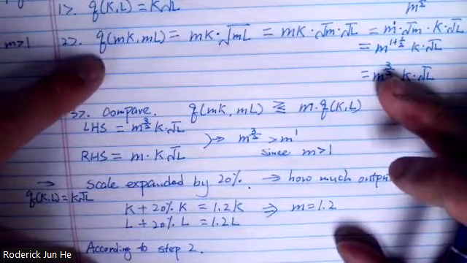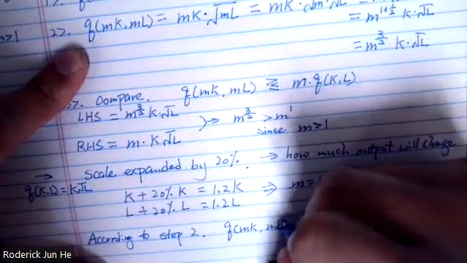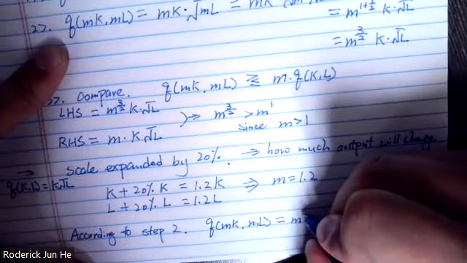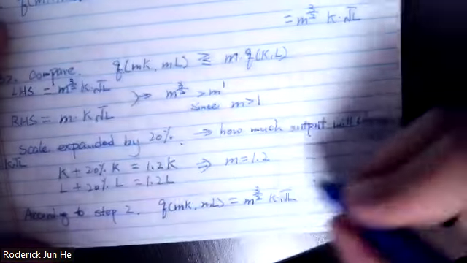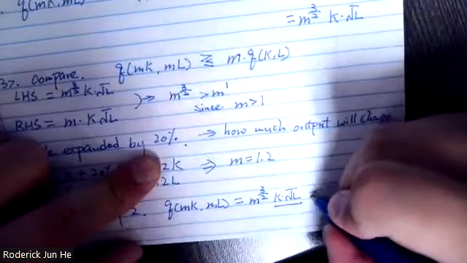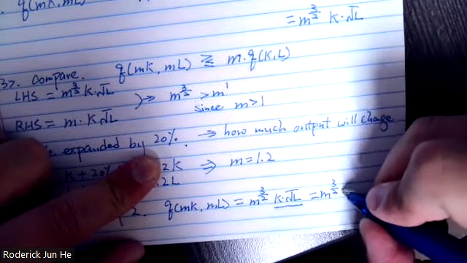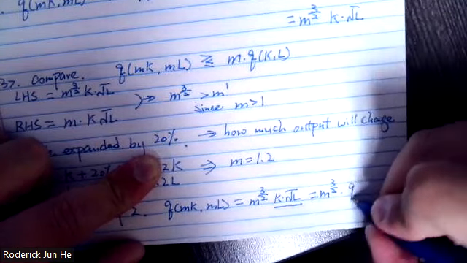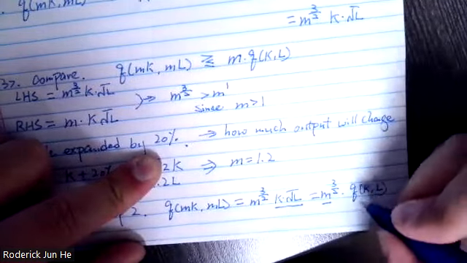Q(MK, ML) equals M^(3/2) K times the square root of L. If you compare that to step 1, that is exactly M to the power of 3/2 times Q(K, L).